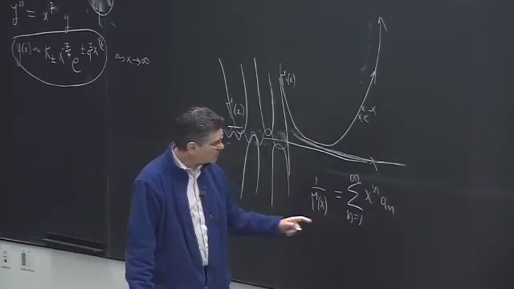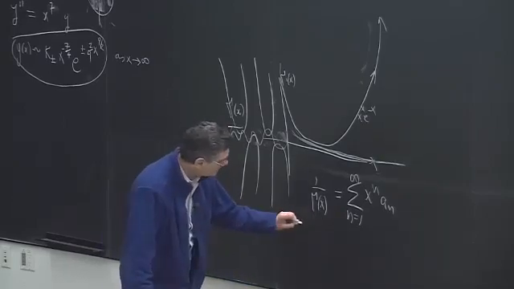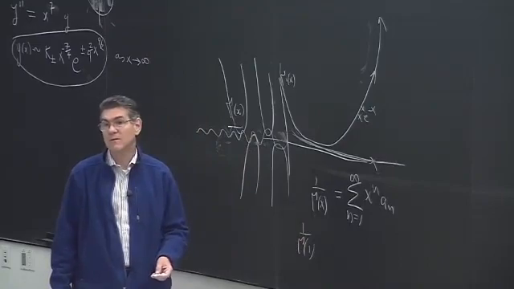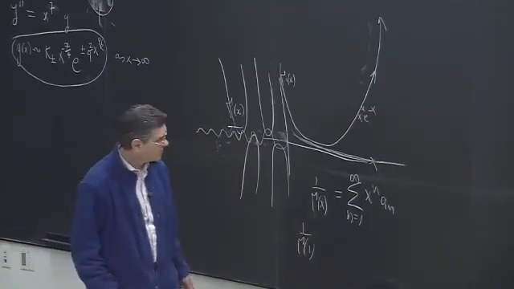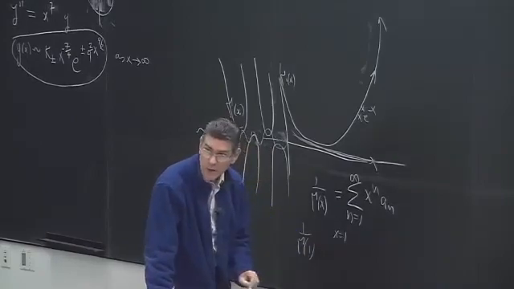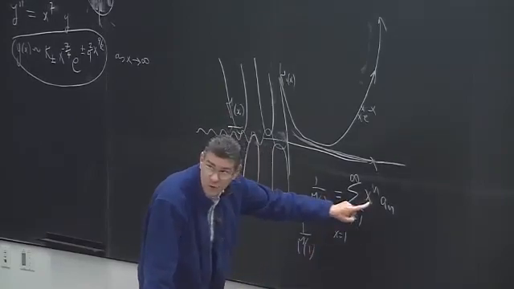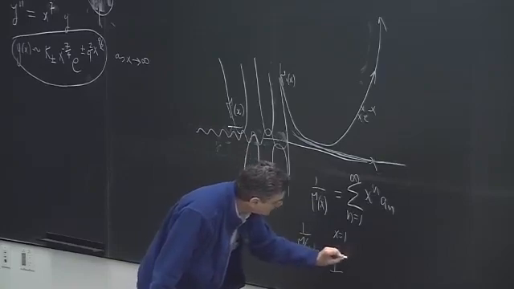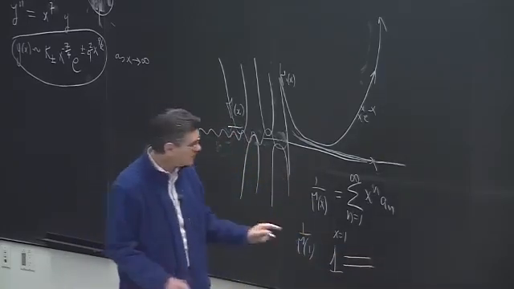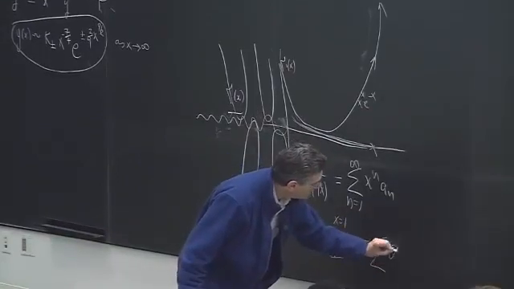So if you were to use this Taylor series to calculate 1 over gamma of 1, what's gamma of 1? 1. Okay? So if you plug in x equals 1, we know this converges to 1. We know that 1 is equal, I emphasize equal because it's a Taylor series, to the sum of a_n.